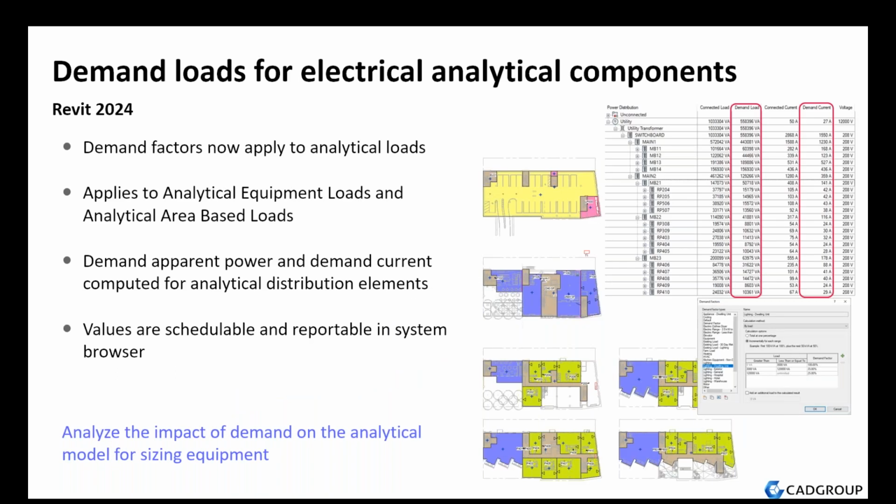Okay, and in Revit MEP Electrical, we've now got the ability to create analytical components that are effectively non-model electrical loads. So you can actually put those in by area. So you can say this entire basement has a demand load of such and such volt amps.